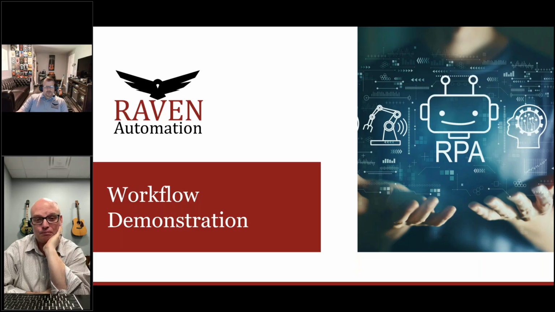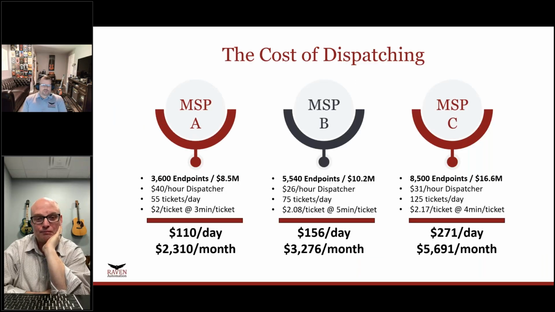It's pretty powerful. So I want to jump back for a second and go back to that cost of dispatching manually. We had MSP A at 2,300 a month, MSP B at we'll say 3,200 a month, and MSP C at almost 5,700 a month. That was their cost for dispatching.